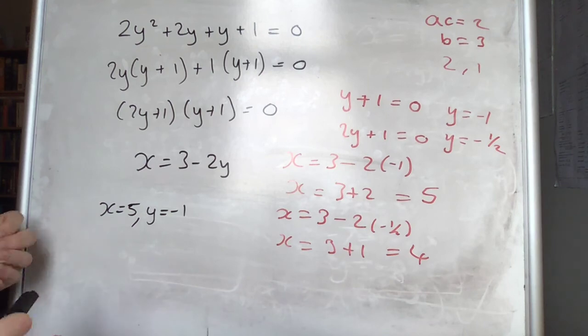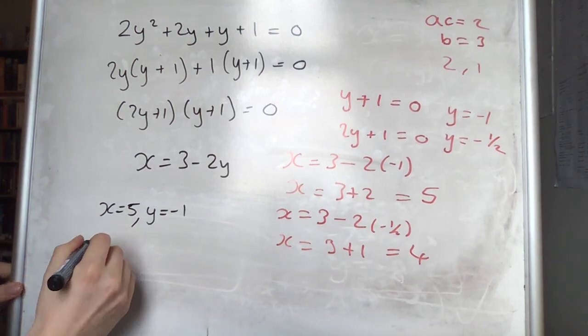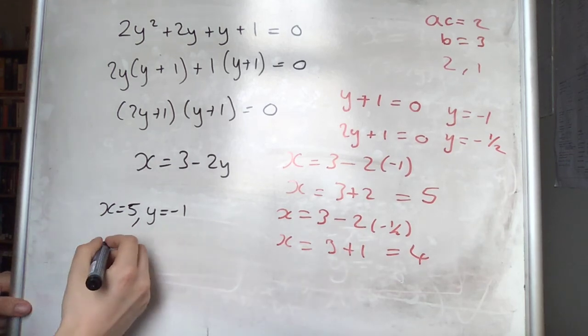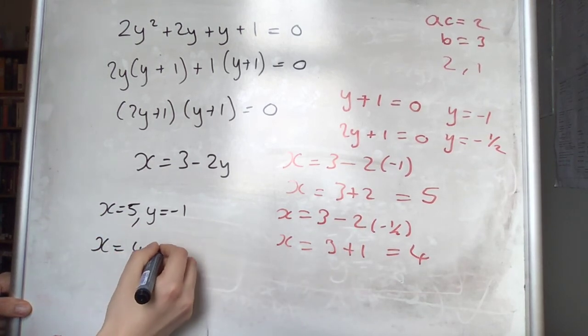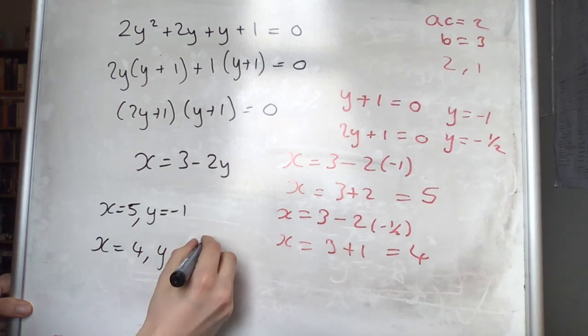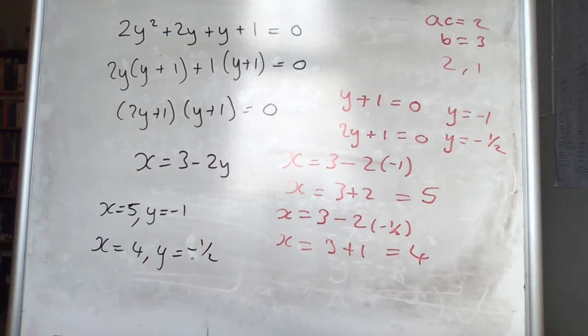And therefore we can say that x is equal to 4 and y is equal to -1/2. And then that will give us our two solutions. There are two solution pairs for both x and y. And that is how we can solve a quadratic simultaneous equation.